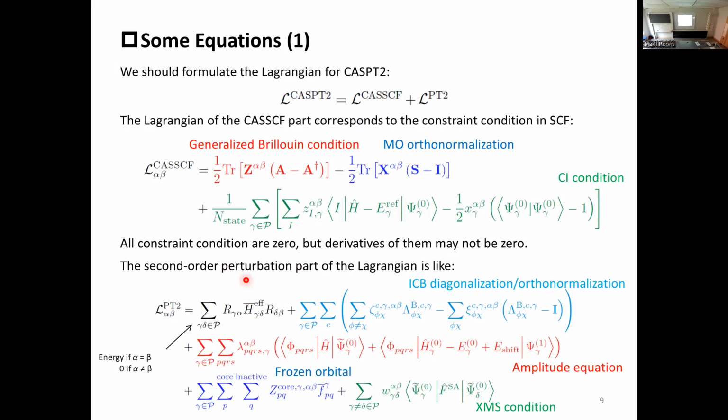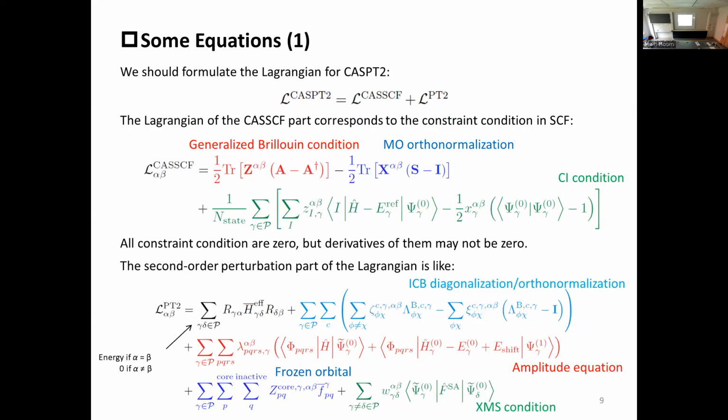And we also have to define the second-order perturbation part of the Lagrangian. The first term corresponds to the energy if alpha equals beta. And there are also constraint conditions, which are all zero, but the derivatives of them are not always zero.